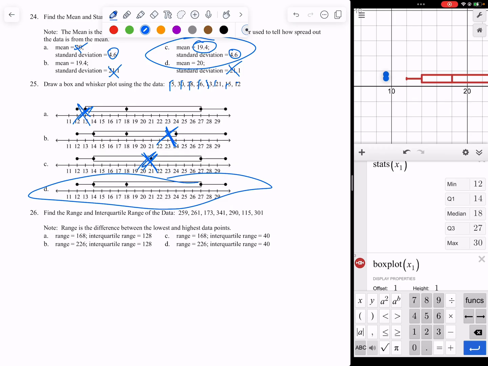All right, range and interquartile range. Range is high minus low. Interquartile range is quarter 3 minus quarter 1.